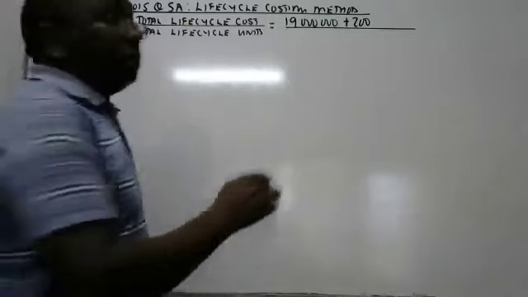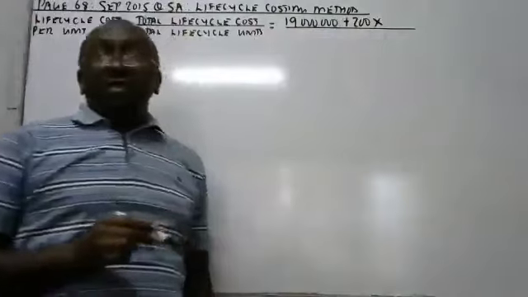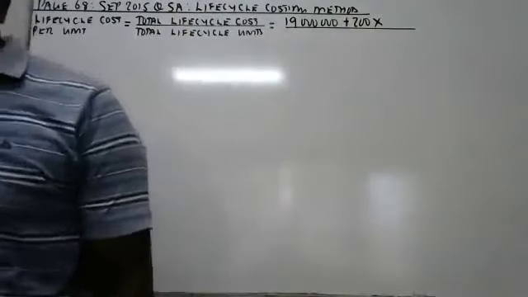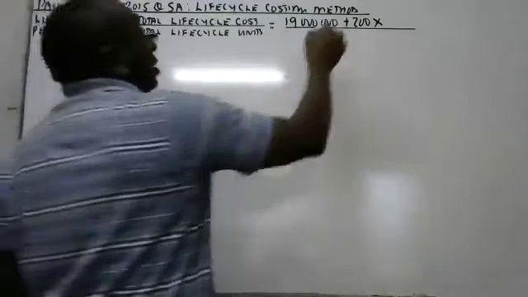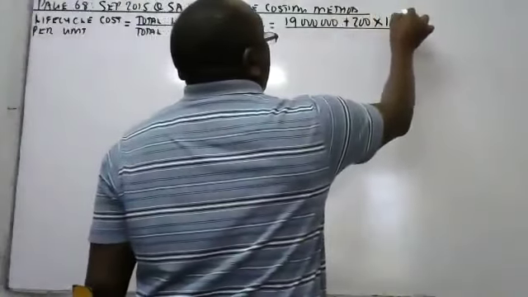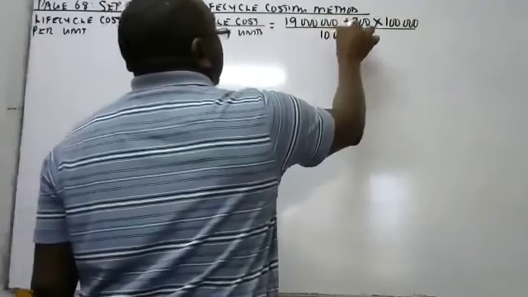This one you multiply by the number of units that are involved. The units that are involved, they are 100,000. And then you divide by 100,000.